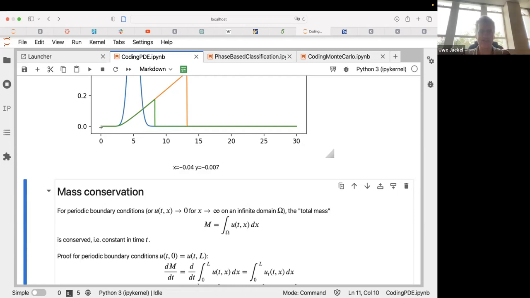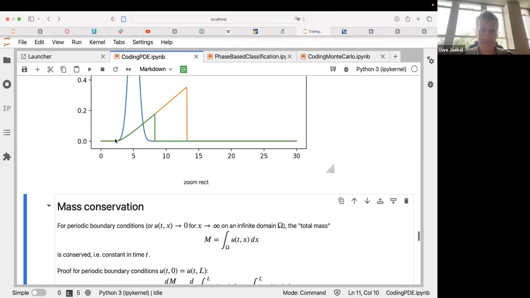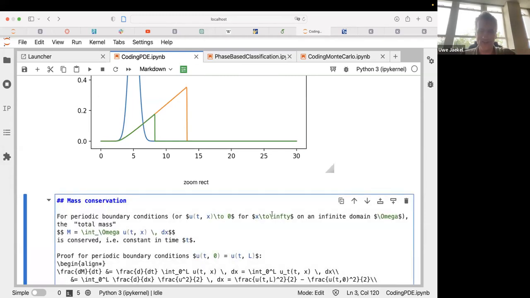Think of it as a loop. The same would hold if there is no left and right boundary at all. For instance, if this extends to plus and minus infinity, and we assume that the concentration approaches zero for x to plus or minus infinity.